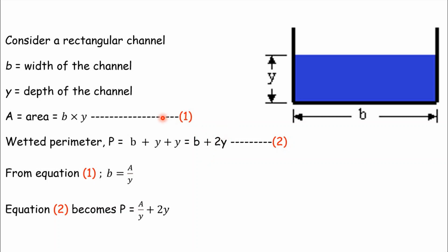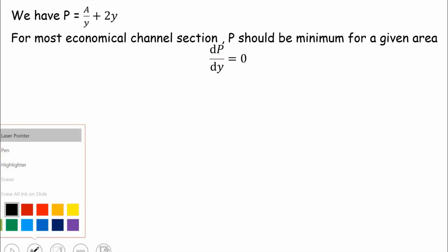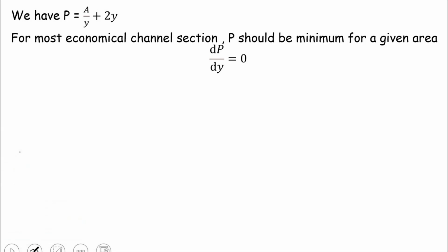So I'm substituting equation number 1, area is equal to B into Y, into equation number 2, perimeter is equal to B plus 2Y, then equation 2 becomes P is equal to A by Y plus 2Y. So for keeping this channel most economical and efficient, we should have a minimum wetted perimeter, that is dP by dY should be 0.